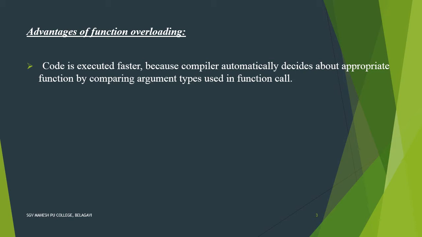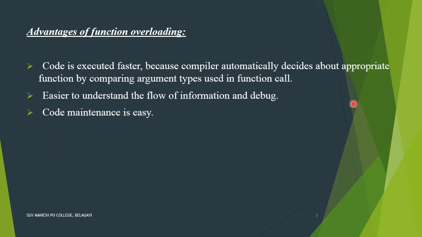Because the function is compared based on the number of arguments in the function call. Another advantage of function overloading is it's very easy to debug, and the flow of information is very easy to understand. We can also maintain the code very easily here. We have a very easy interface between programs and real world objects.